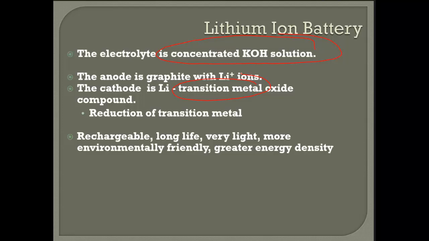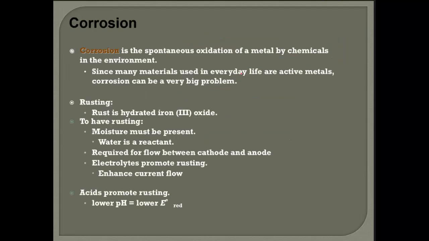Now, the backdrop of the redox reaction is corrosion. Corrosion is the spontaneous oxidation of a metal by chemicals in the environment. Since many materials used in everyday life are active metals, corrosion can be a very big problem. Rusting, for instance, is the hydration of the iron 3 oxide.